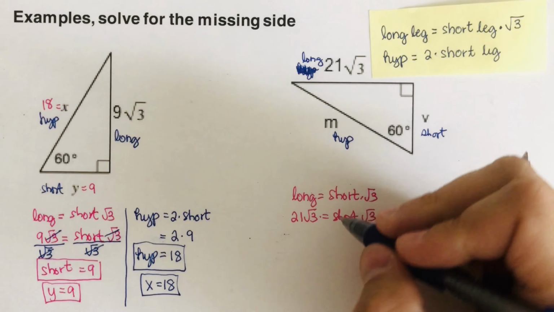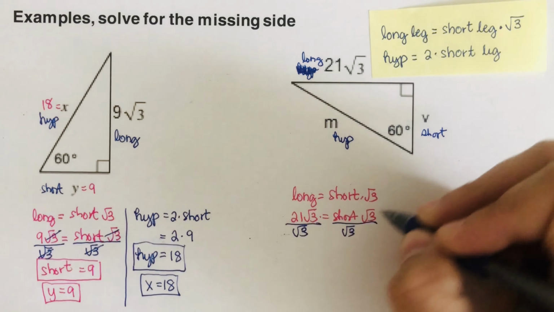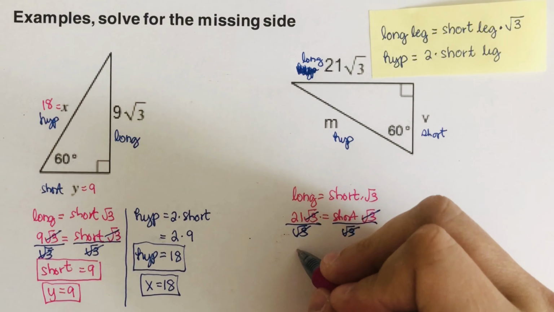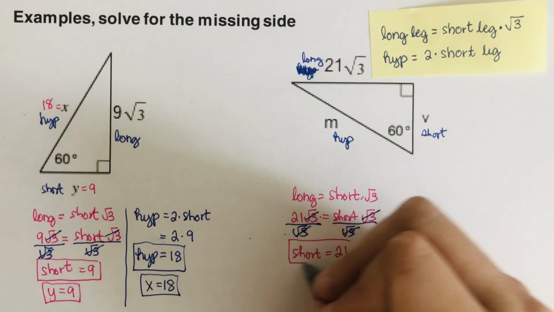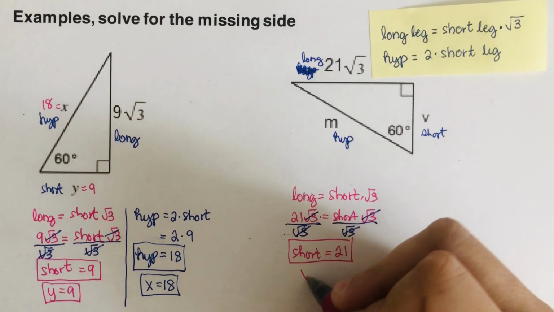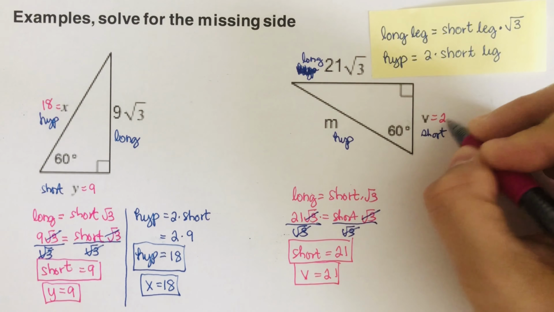I want the short side, so I divide by square root of 3, and I cross these out. So the short is equal to 21. Our short here, which is equal to V, is 21. So I will label this as 21 right here.